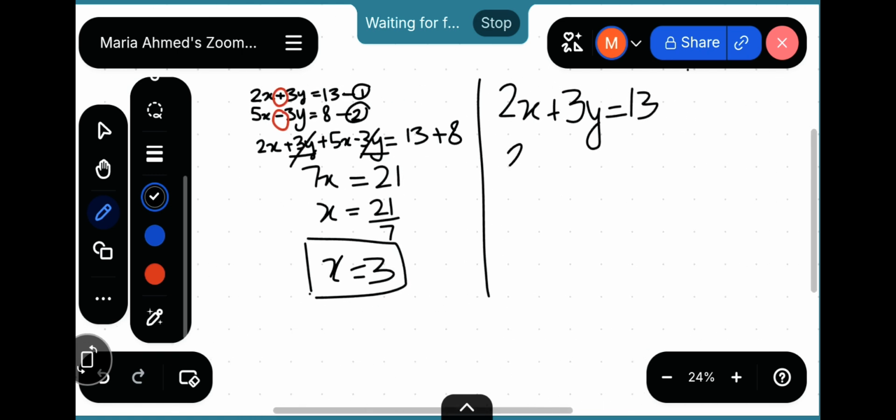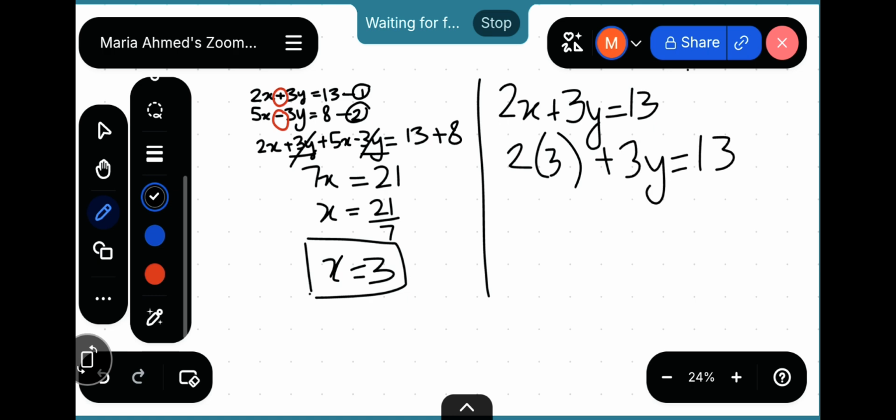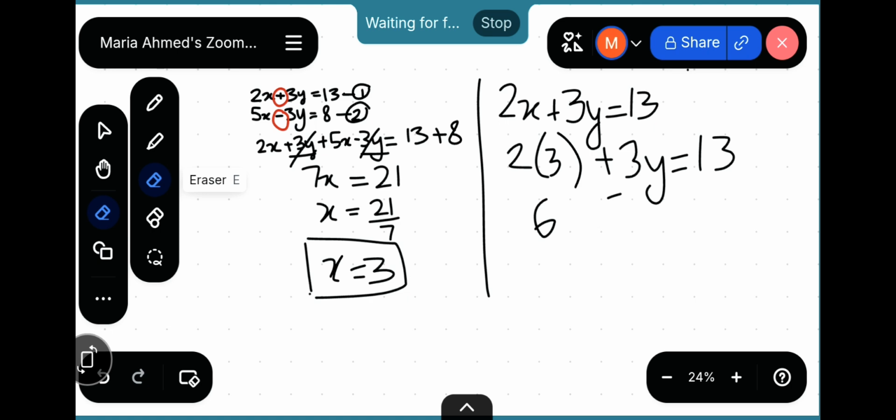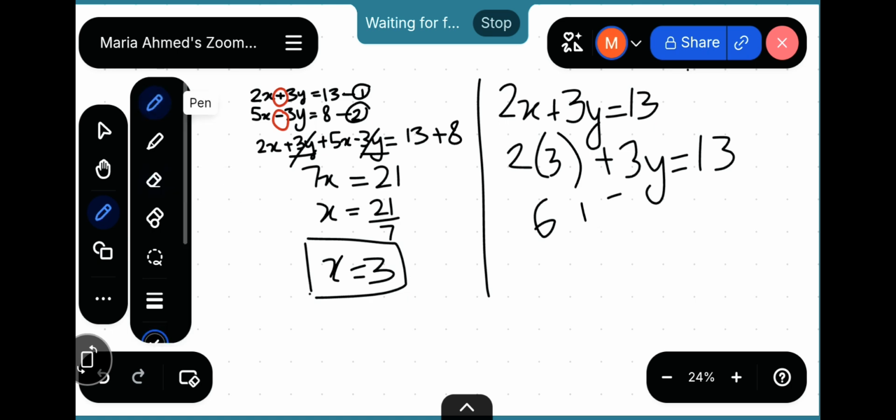So in place of x, we are going to plug in the value of x, which is 3. Two times 3 is 6. So 6 plus 3y equals 13.